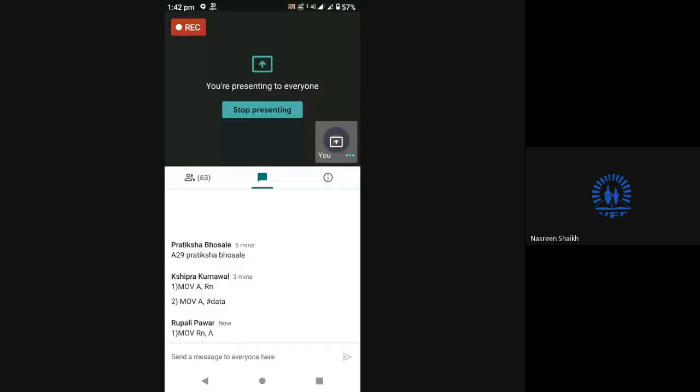Rupali has done it according to my hint, just the other way around. She understood what was asked and wrote the instruction accordingly. Nice. Similarly, go for the next question's answer also.